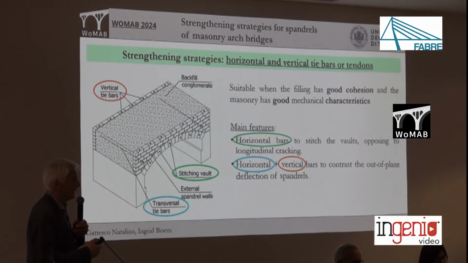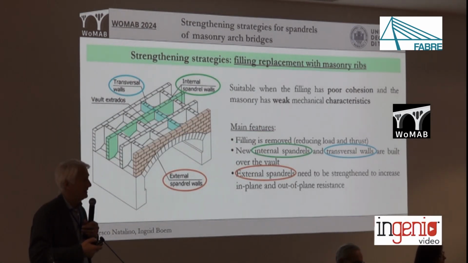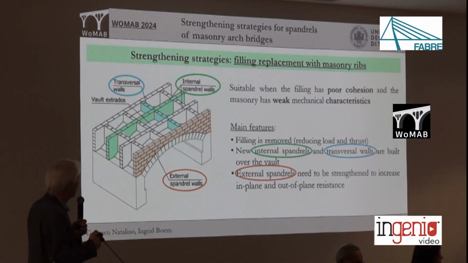Some strategies to intervene may concern the application of horizontal and vertical ties, as was shown just now by Professor Oliveira. Another intervention could be the removal of the filling, replacing it with transversal and longitudinal walls.